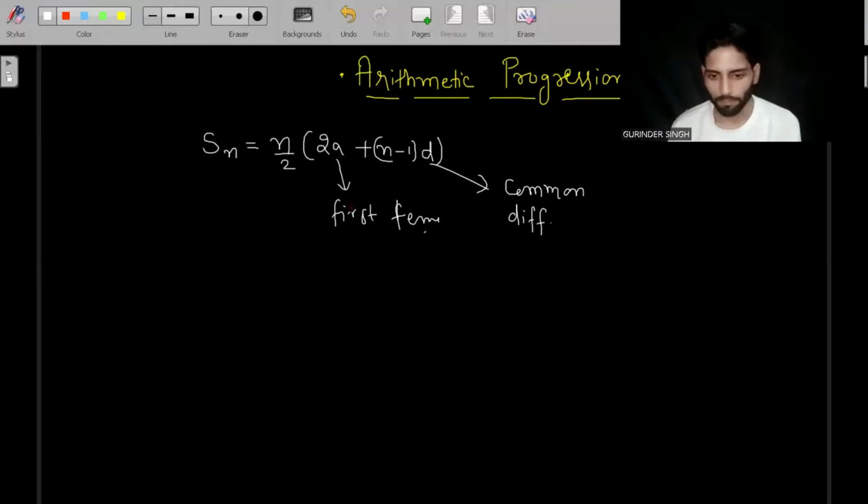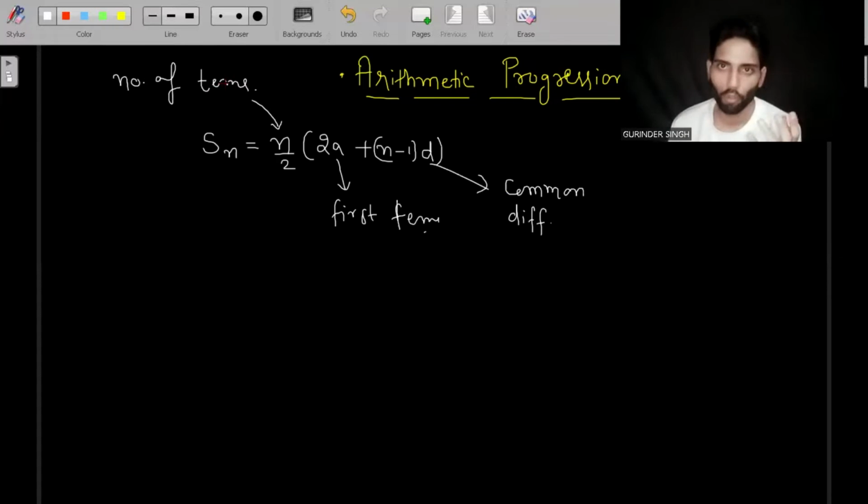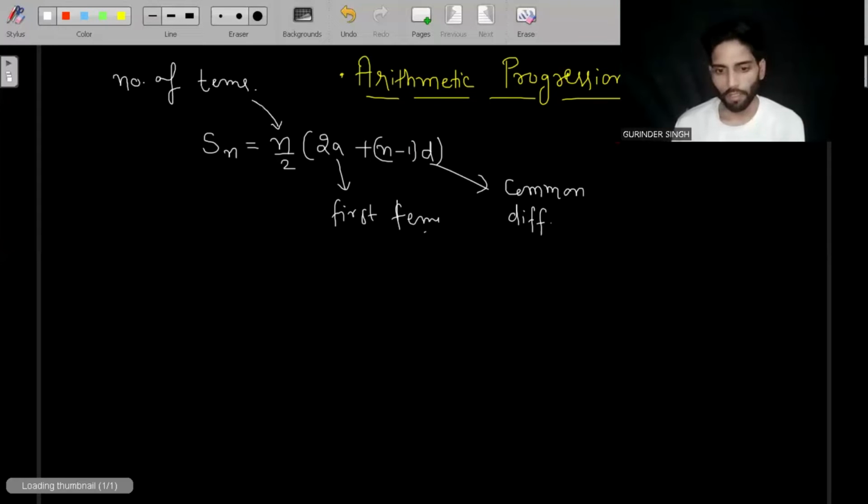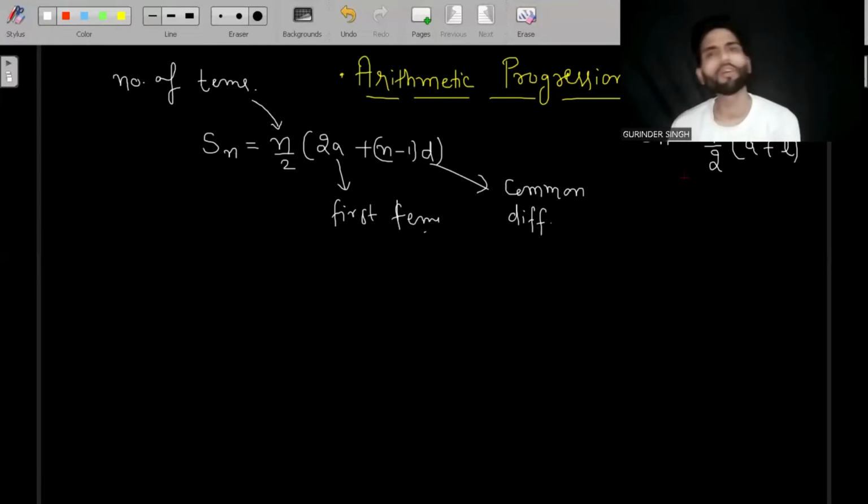I will derive the formula. And what is n here? n is the number of terms, how many terms there are in the arithmetic progression. Okay, you know this formula, and there is another formula: Sn is equal to n by 2 in brackets a plus L. This is also a formula for the summation of the first n terms of an arithmetic progression.